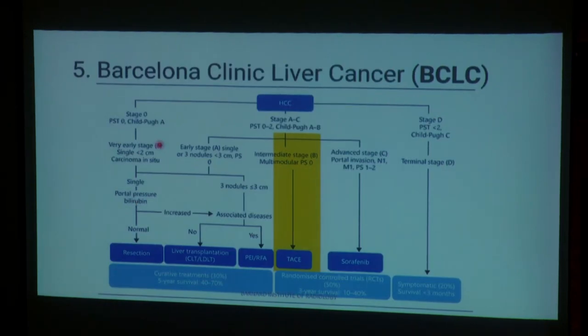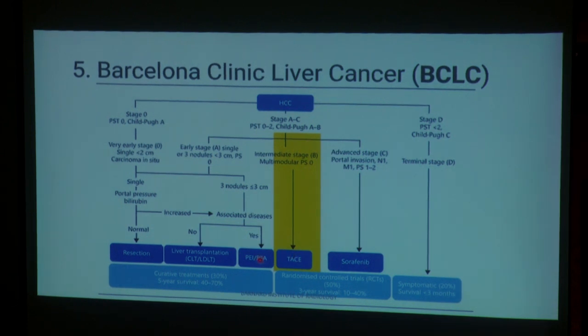Now what is BCLC? It is the Barcelona Clinic Liver Cancer staging. This is one of the strategies to manage liver cancer, HCC, and it is divided into stage 0, stage A to C, and stage D. Stage 0 is a very early stage where you can just manage the patient. Stage A is by surgery, which is curative, or liver transplantation, but we are more concerned with the intermediate stage where the TACE is indicated.